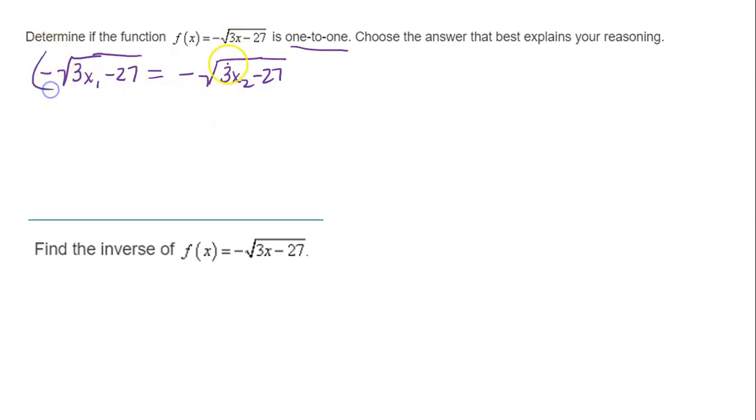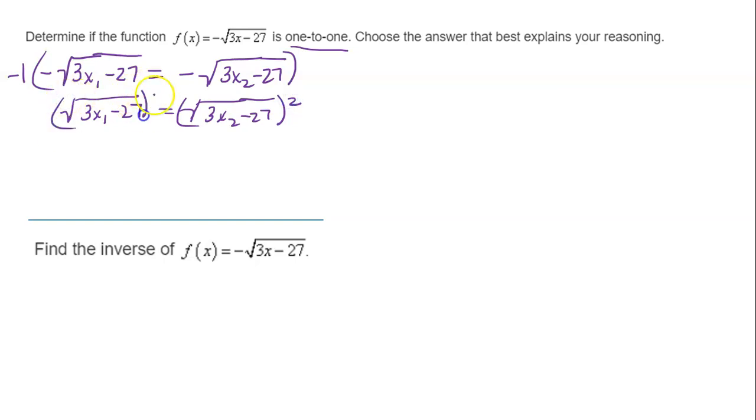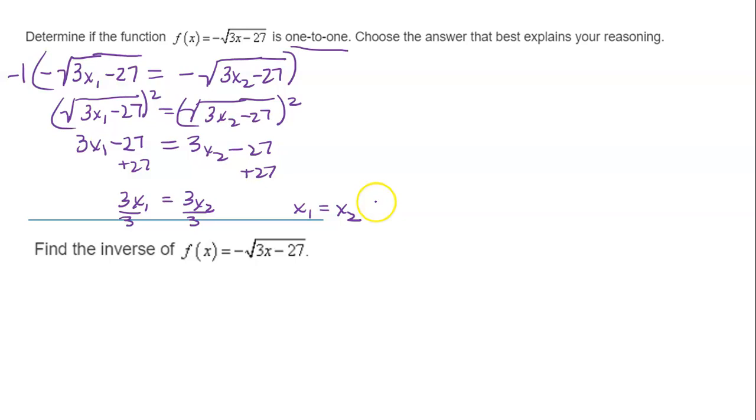So the first thing I did was I multiplied everything by -1 so that this would just be square root of 3x1 minus 27 equals square root of 3x2 minus 27, and then I squared everything, and I got 3x1 minus 27 is equal to 3x2 minus 27. If I add 27 to both sides, I get 3x1 is equal to 3x2, and then if I divide by 3, I get x1 is equal to x2. So it is 1-to-1, yes, because x1 and x2 are equal to each other.